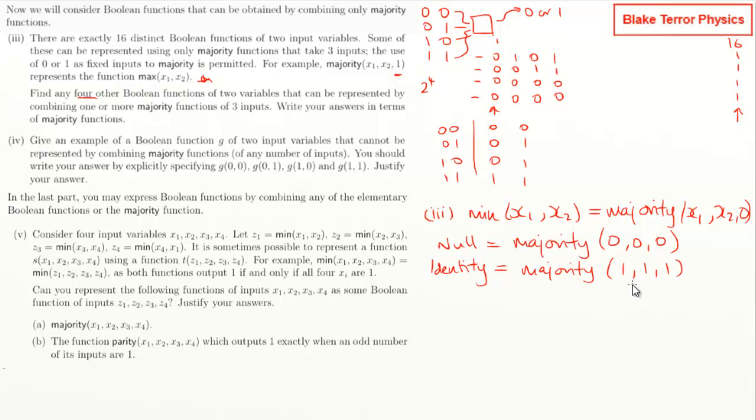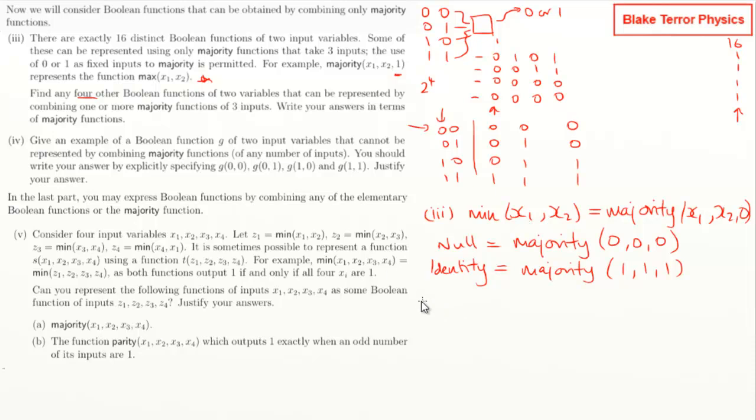Right, so now we need another one, which is going to return, well, what do we want it to return? There's quite a few things. Let's have the one that always matches x1. So if we had the one that went 0, 0, 1, 1, the output of this is always x1. It's always our first column. Whatever we put in as the first input, that is what we're getting coming out.